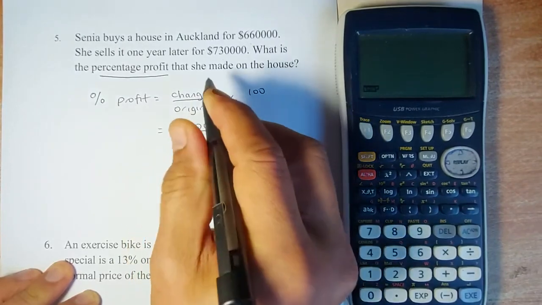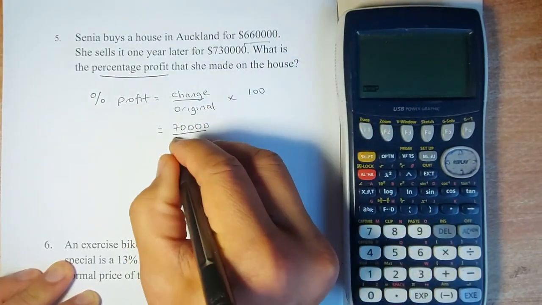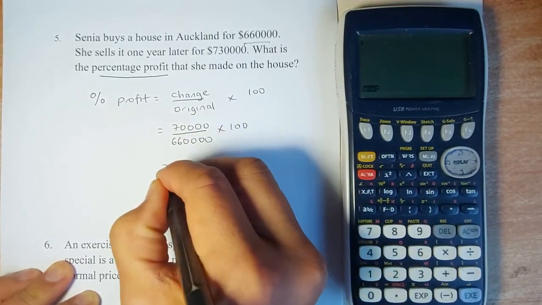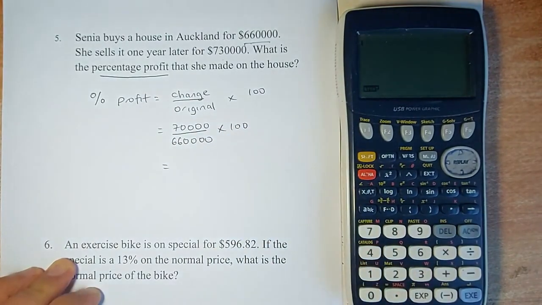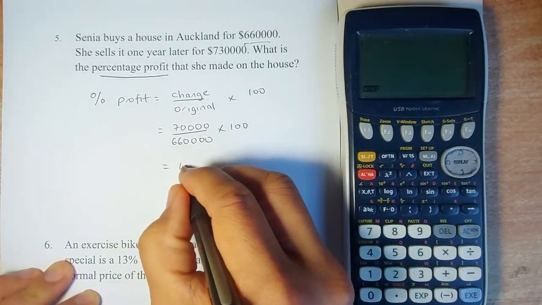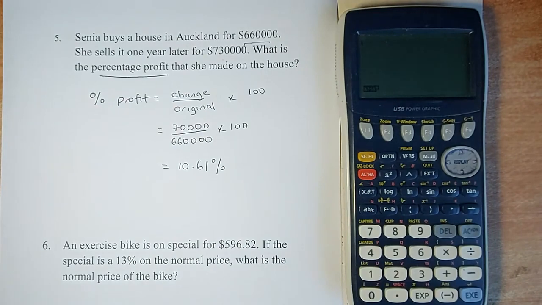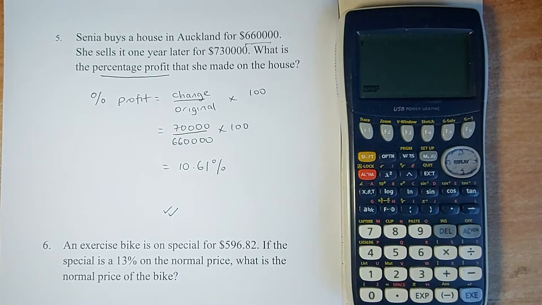And you divide by the original amount, which is 660,000, and you multiply by 100. If you put it in your calculator, the answer is going to be 10.61%. That will give you 2 marks in exam.